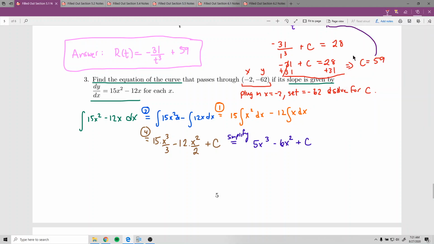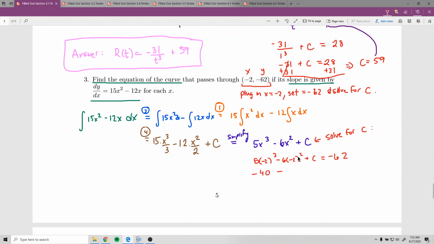And now we can solve for C. So we plug in x equals -2, and we set it equal to -62. And then solve that for C. All right, so -2 cubed is -8 times 5 is -40.